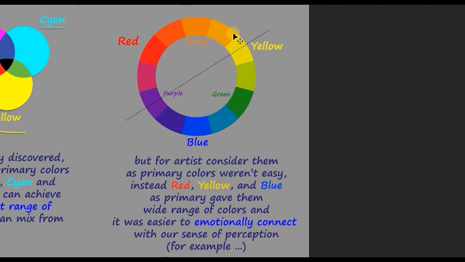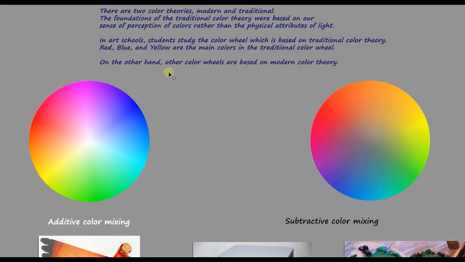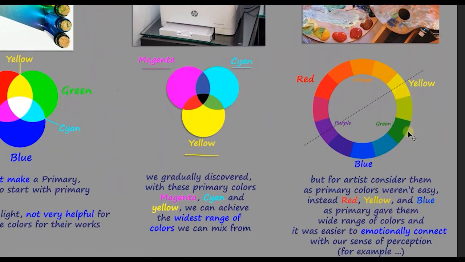But this color wheel is not the exact scientific color wheel. As I said earlier, the foundation of traditional color theory was based on our sense of perception of colors rather than the physical attributes of light. But this one, the additive color wheel, is based on modern color theory, and it considers the physical behavior of light. For example, one of the problems with this color wheel is that all of the colors are divided evenly.